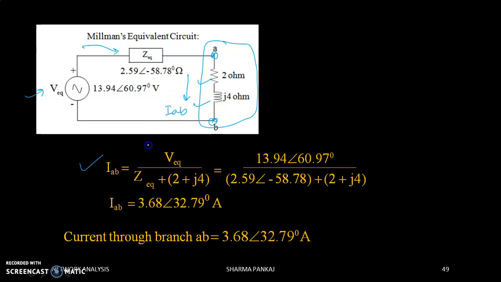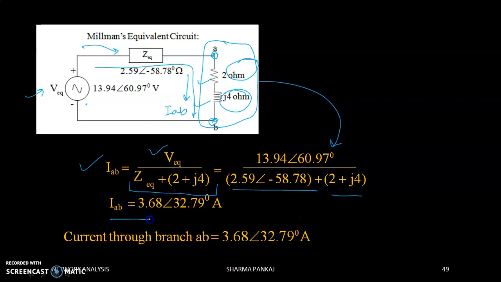IAB is given by V equivalent upon the total impedance of this series branch, that is Z equivalent plus 2 plus J4. Z equivalent is 2.59 angle minus 58.79 from the previous calculations. This is your 2 and this is your J4.